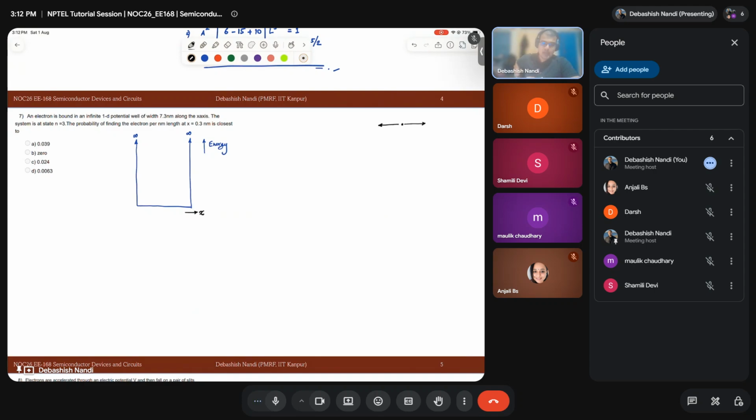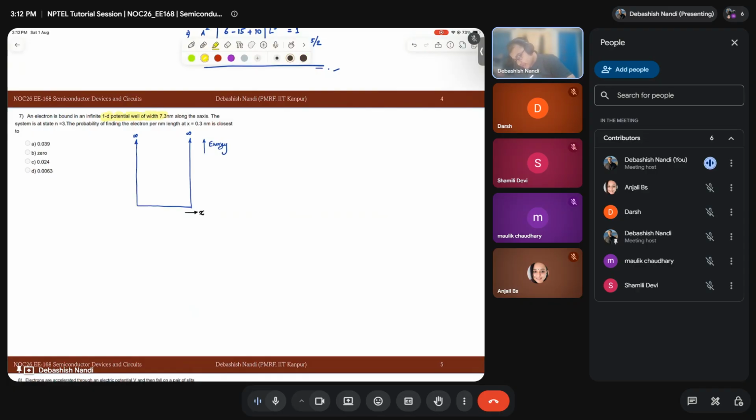And if it can move this way, so this is my 2D, and if it can move up and down of the plane of the paper, it becomes a 3D. So it is just a representation. Fine.